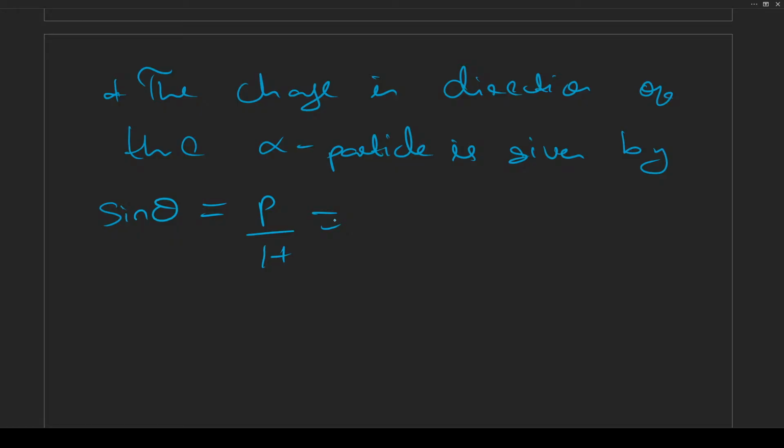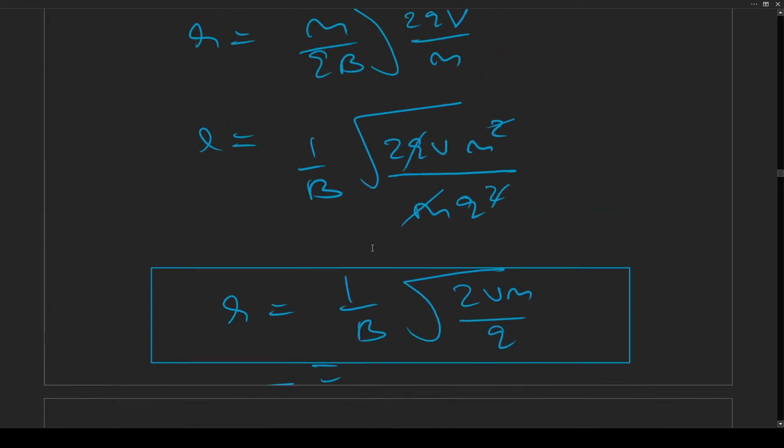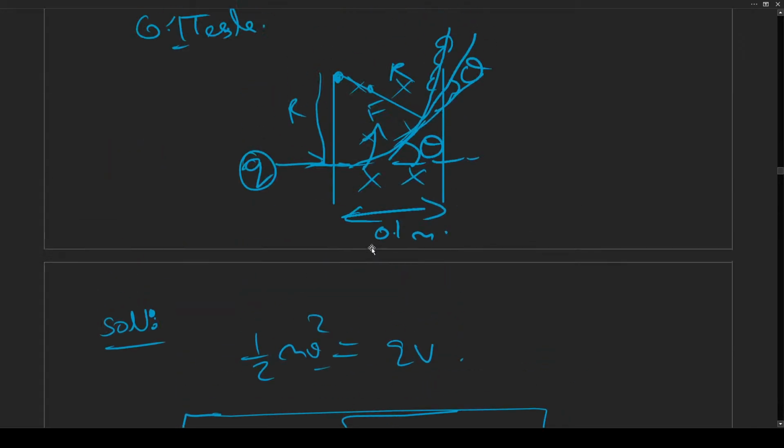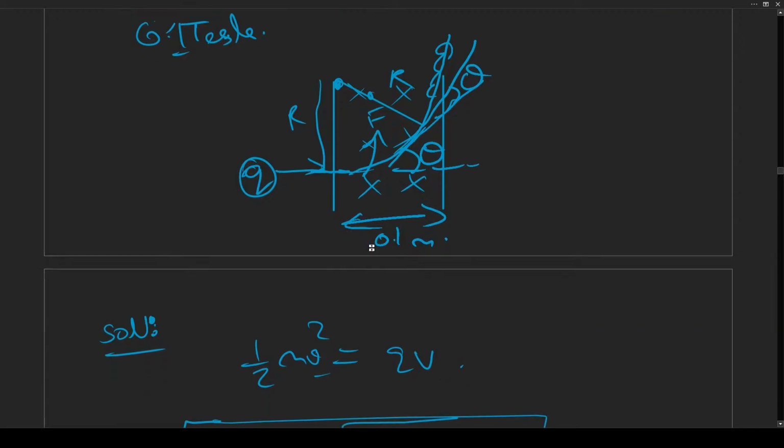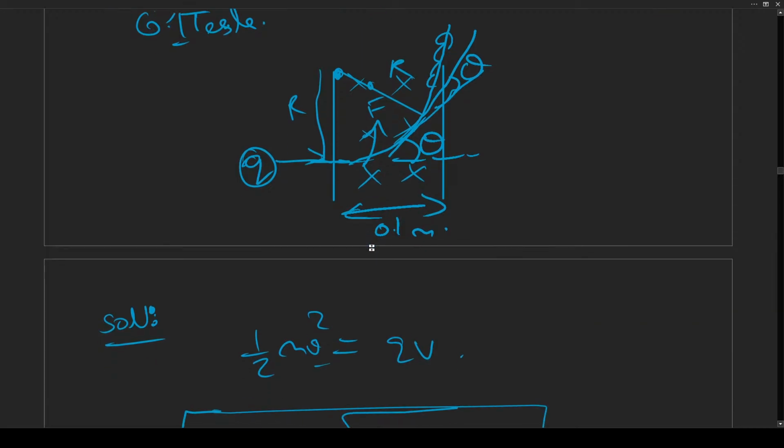And from the diagram we can identify which is p and which is h, hypotenuse and perpendicular, where p we can consider the thickness, which is 0.1 meter, and h we can consider the radius as this one.